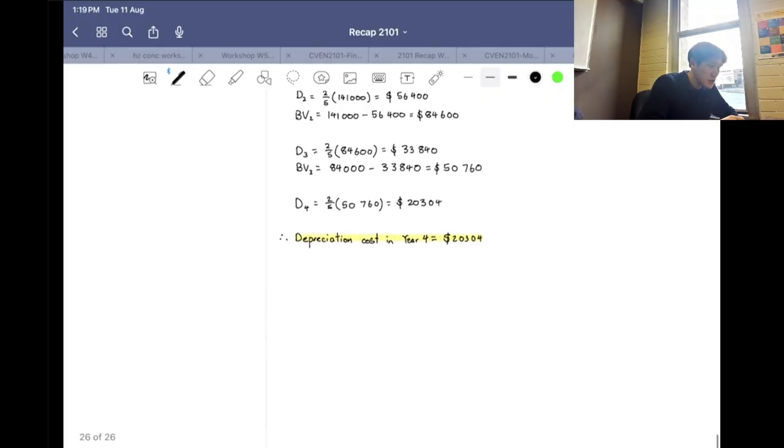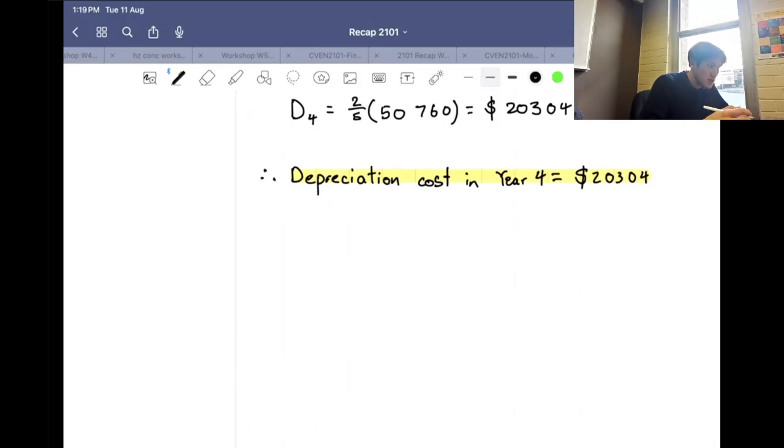Now you got to move on to your investment costs, which is also in the formulas.